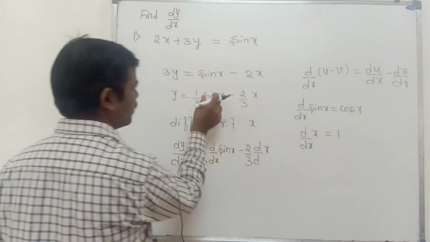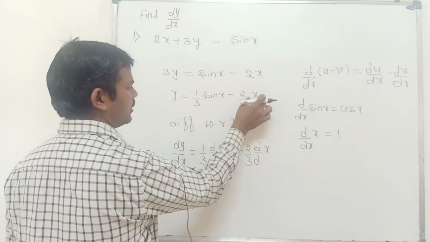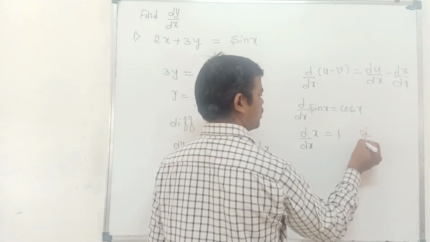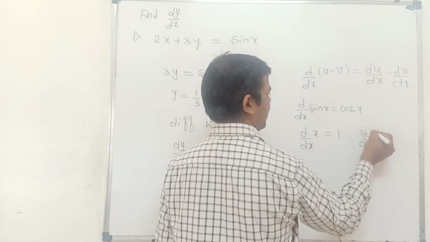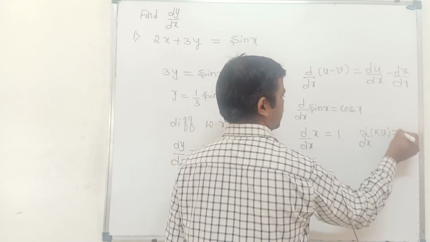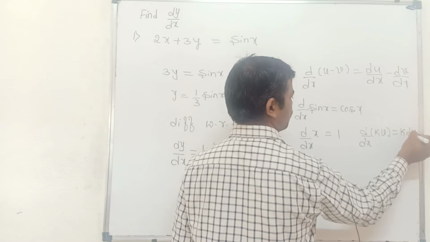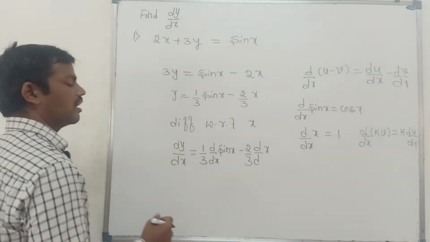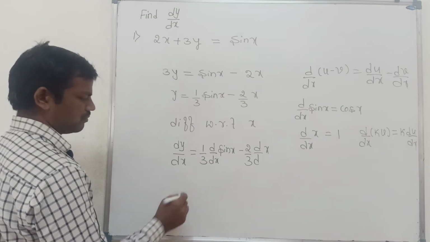And we also know that derivative of k into u is nothing but k times du by dx. So if we have any constant, we have to bring it outside that function.